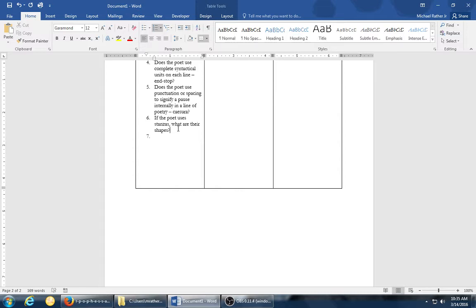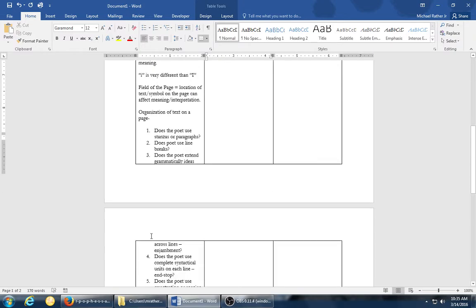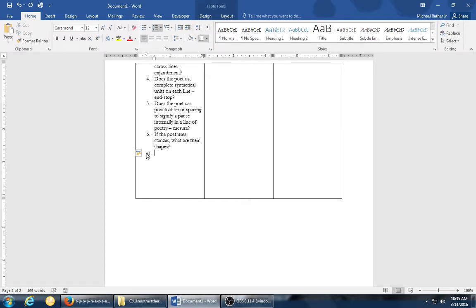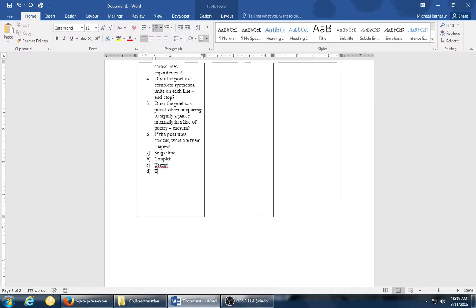You have the stanza with the different types of lines. You have a single line. You have what's called a couplet. That's 2 lines. You have tercet. You have quatrain, which is the most common, the 4-line.